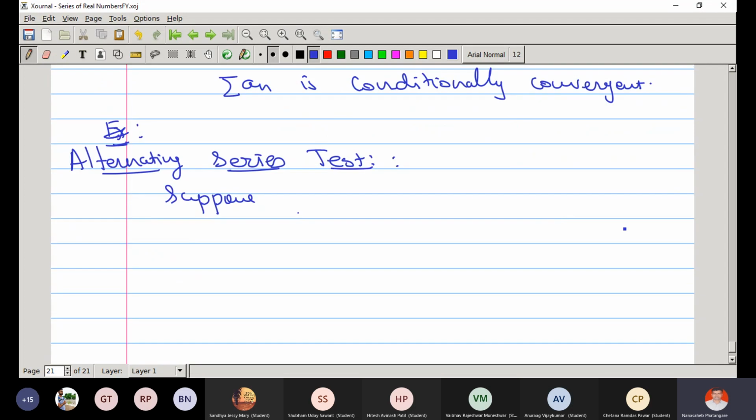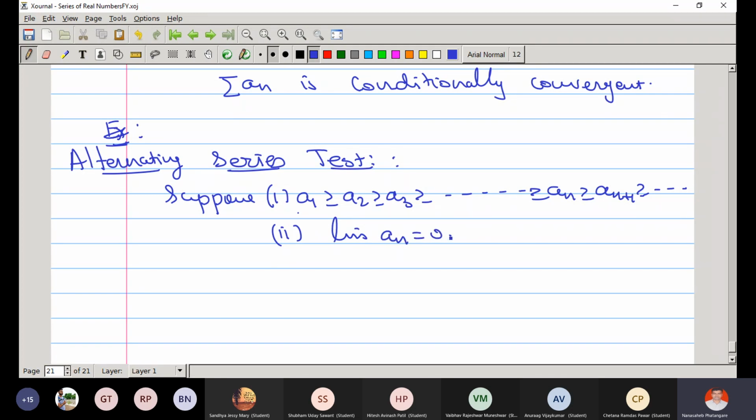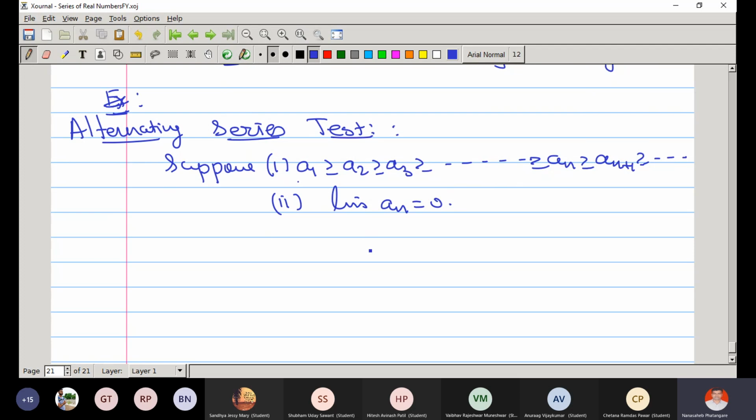Suppose a1, a2, a3, an, an plus 1: that means the terms are decreasing. And second, limit of an is equal to 0.